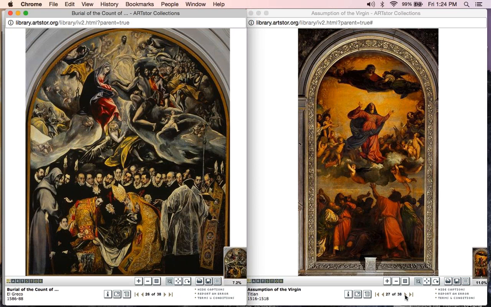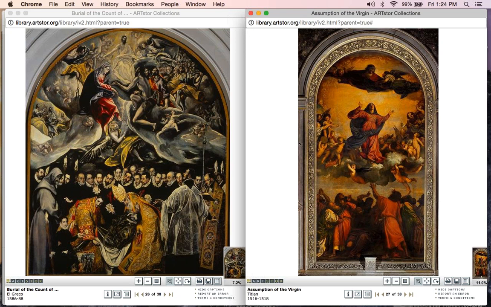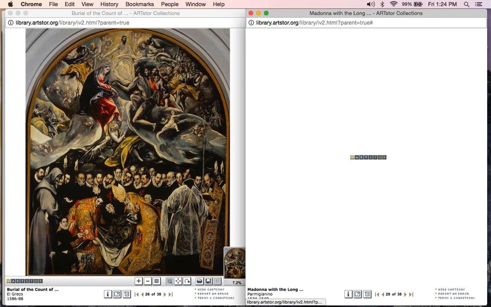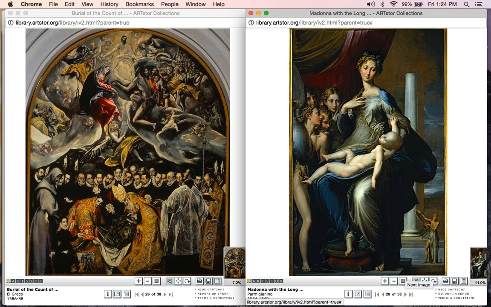But some of these traits that you see on the left-hand side are also part of the Mannerist tradition. So I'm going to remind you of Mannerism to see if there's some traits that we can see that El Greco had taken. The first thing are these elongated bodies. I remind you of the Madonna of the Long Neck by Parmigianino. This Mannerist work shows us these very long proportions, everything sort of stretched out. And we certainly get that here too, especially here in the heavenly realm.